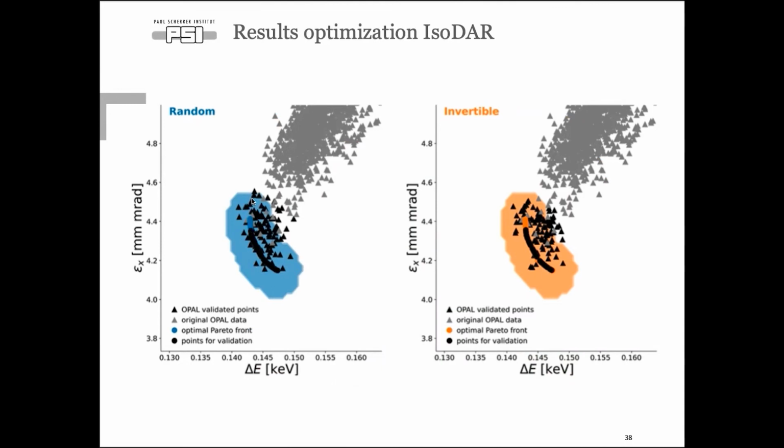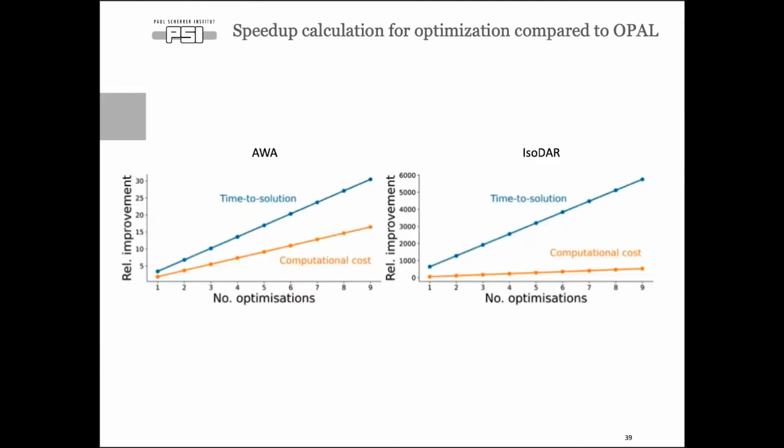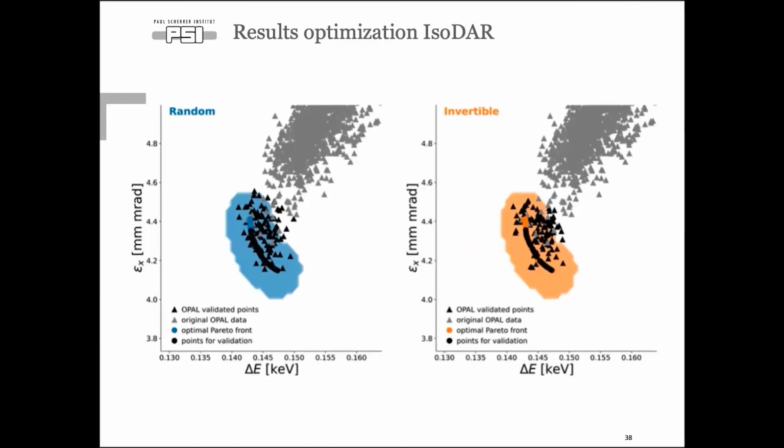So nearly all the points are within the 90% confidence region of the optimal Pareto front. And this is impressive because in gray you see the points that were used here for training and validation, and there are hardly any points here within this confidence region. So we see that for the objectives, it's a good result.